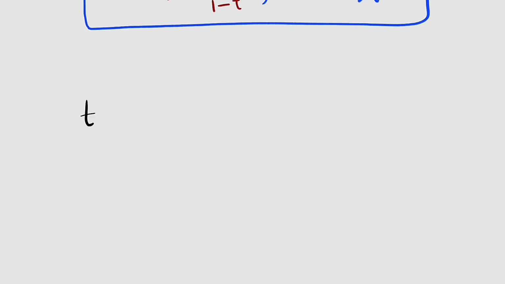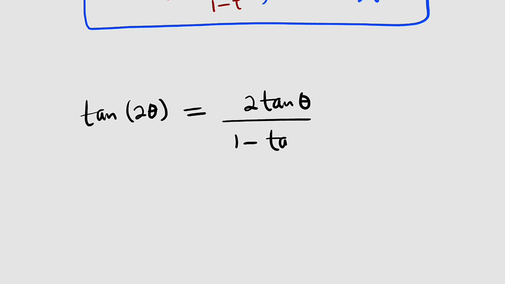Remember, if you have tangent of double angle 2 theta, this is equal to 2 tangent of theta divided by 1 minus tangent squared of theta. What if I should divide this angle by 2?